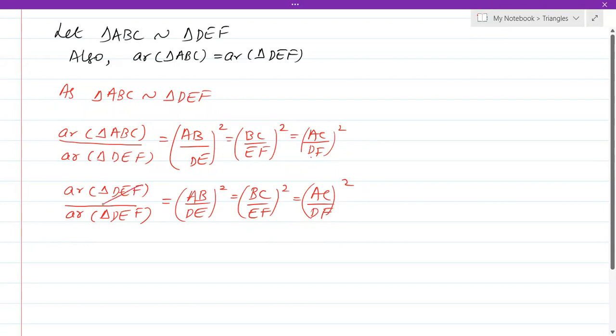Both get cancelled and we are left with 1 by 1.